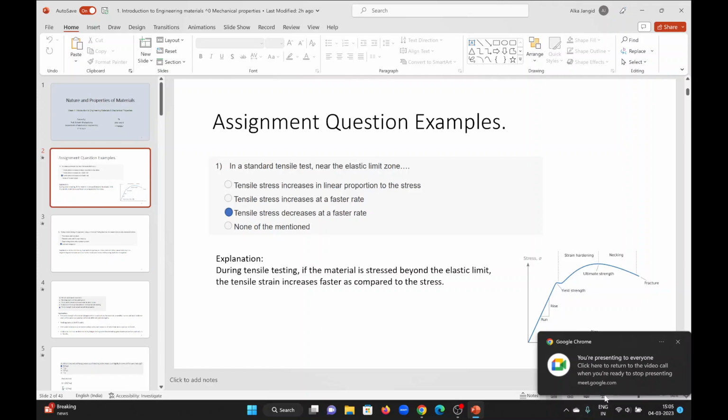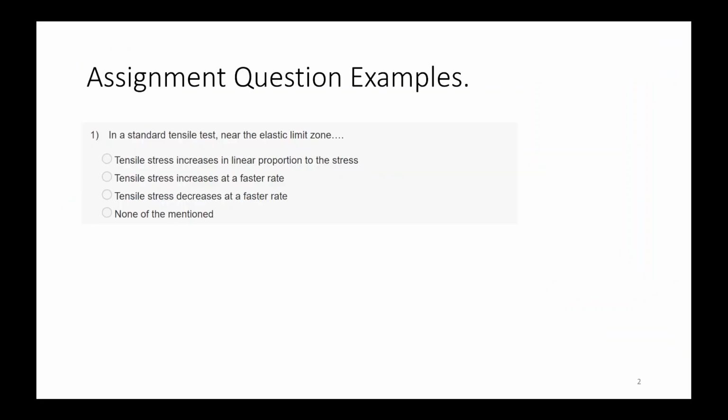For the first question: in a standard tensile test near the elastic limit zone, the options are: tensile stress increases in linear proportion to the stress; tensile stress increases at a faster rate; tensile stress decreases at a faster rate; and fourth, none of the mentioned.